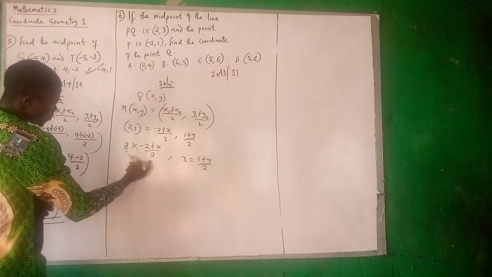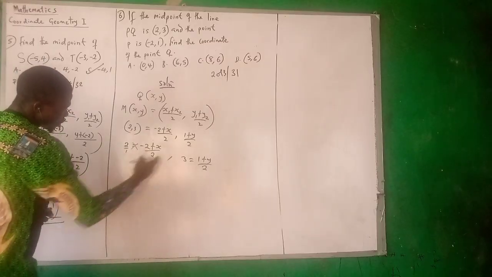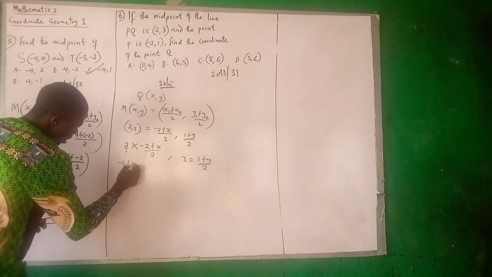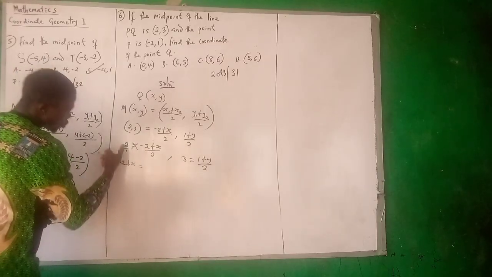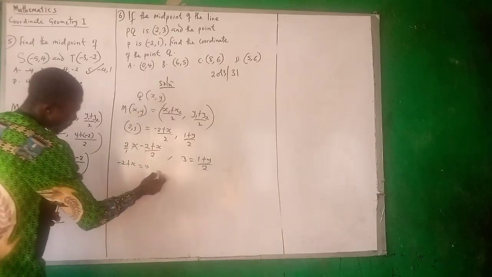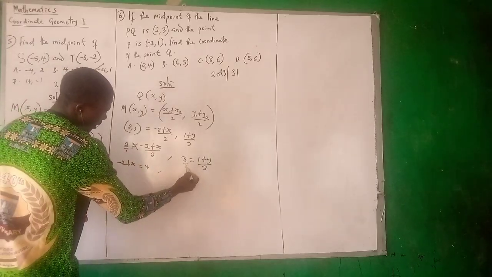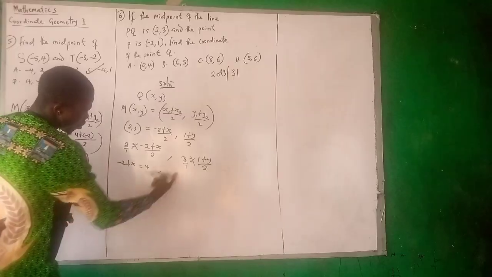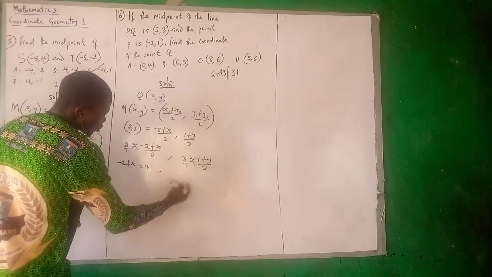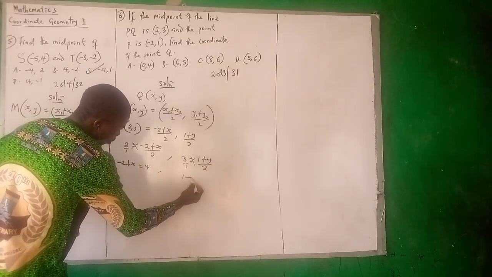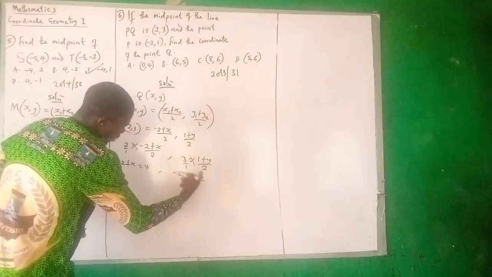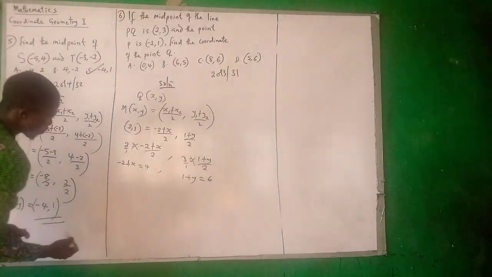Now, with this, I can cross and multiply, right? And that should be 1 times everything here. We still get minus 2 plus x equal to 2 times 2 is what? 4. Coming to this one, you can still cross and multiply. 1 times everything here, still get the same thing, which is 1 plus y equal to 2 times 3 is 6.